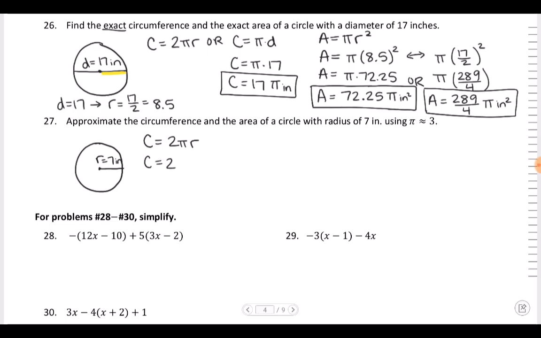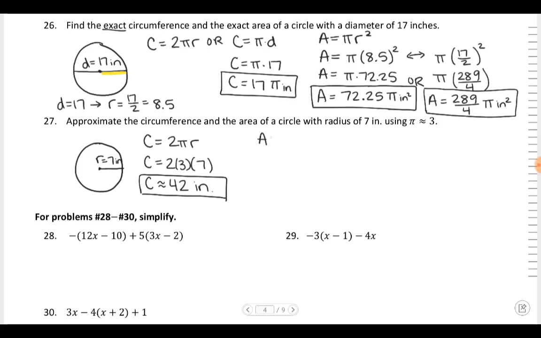So 2 times pi times 7, oh wait, hold on. Let me go back. I'm using 3 in place of pi. So 2 times 3 times 7. So this would be 42, and that would just be inches. And I'm going to actually put a squiggly equals for approximate.